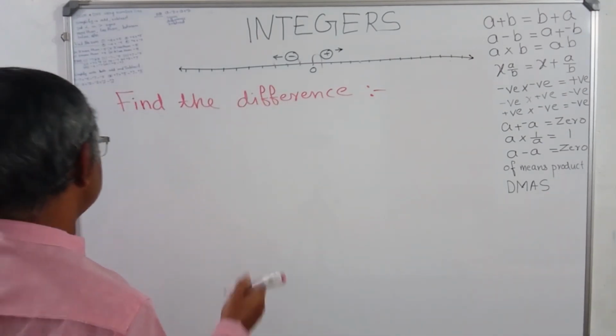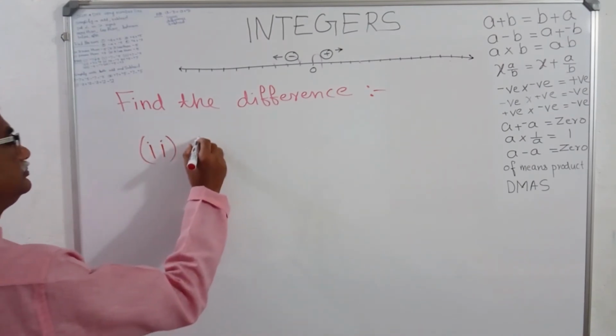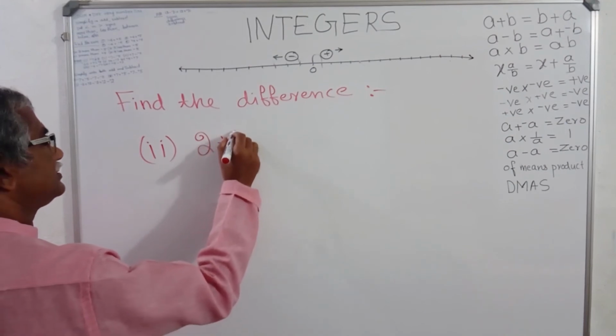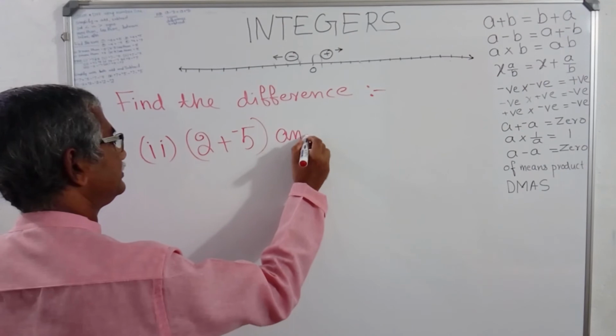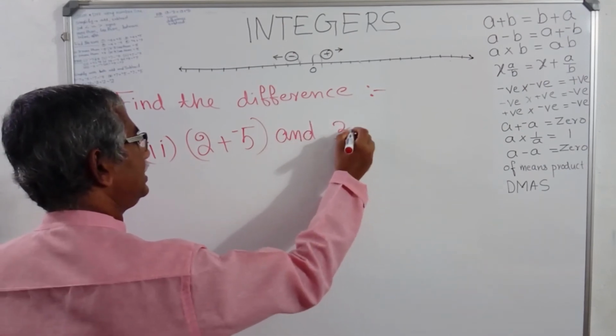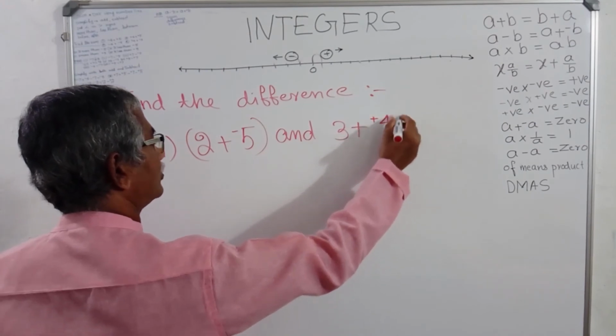Find the difference. 2 plus -5 and 3 plus +4.